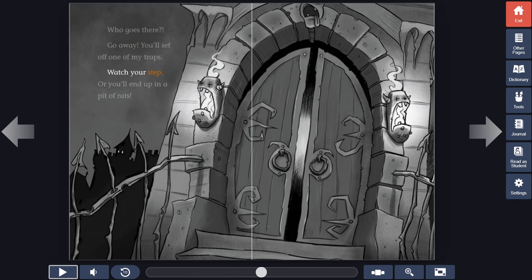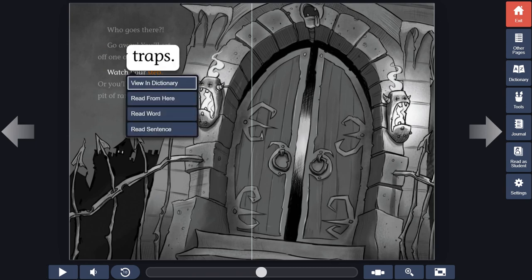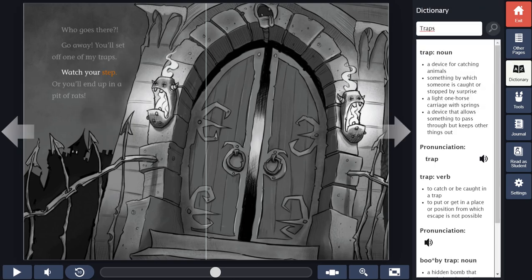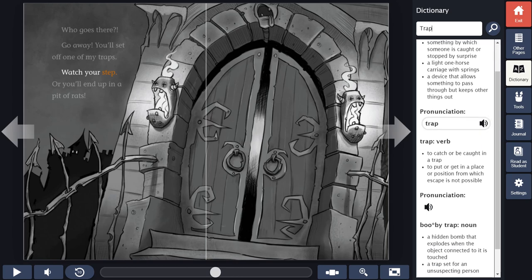So, in my own, you can click on the word and say View in Dictionary, which allows you to find the meaning of the word that you chose in English. For example, if you don't know the meaning of the word trap, it means a device for catching animals, something by which someone is caught or stopped by surprise, a light one-horse carriage with springs, a device that allows something to pass through but keeps other things out.